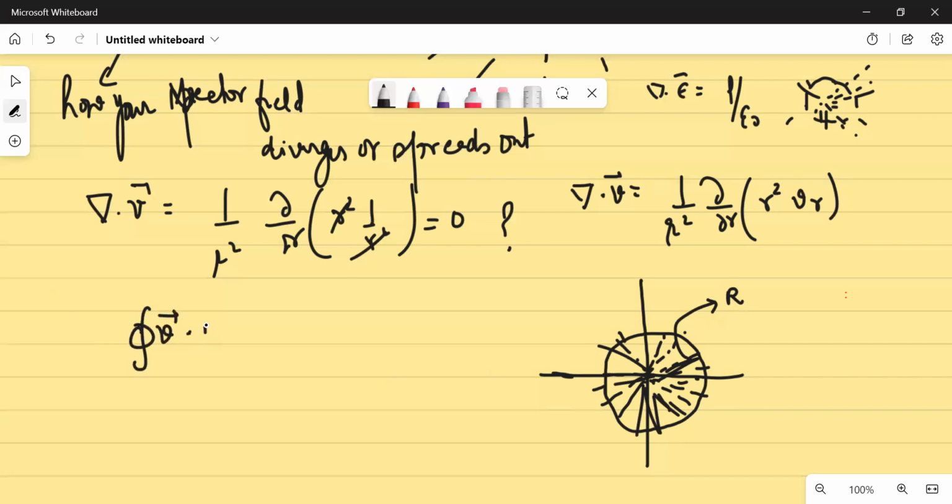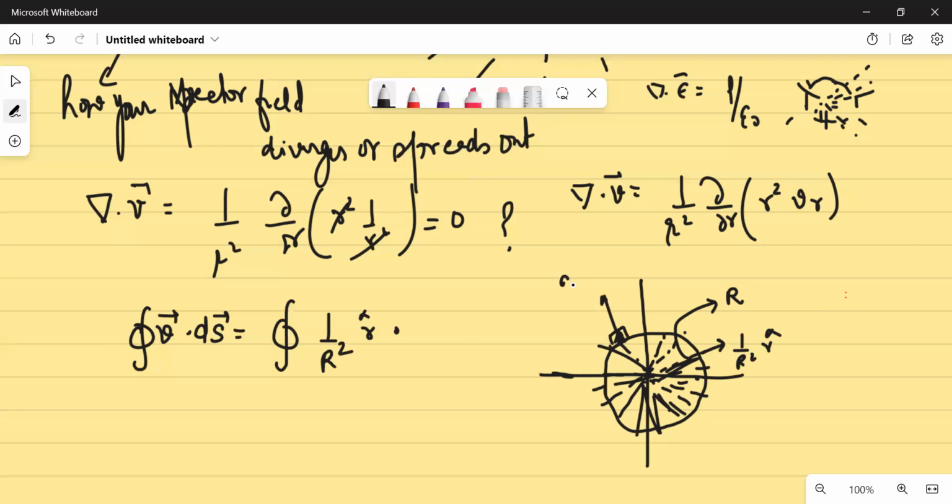So the integral of v vector dot ds vector would be equal to what? What will the vector field be here? The vector field will be 1 upon r square r cap. Is that clear to you? So on the surface of the sphere, the vector field will be 1 upon capital R square r cap, dotted with the differential area element. If you don't remember it, just remember it for right now; we'll do all these things in electrostatics also.